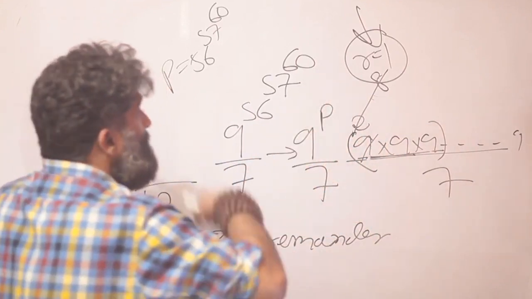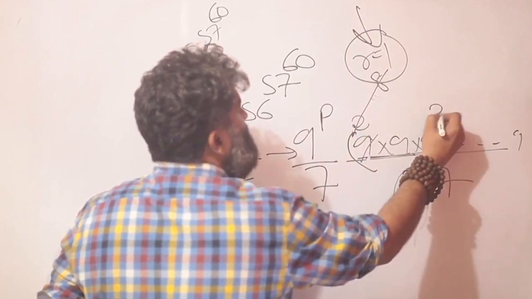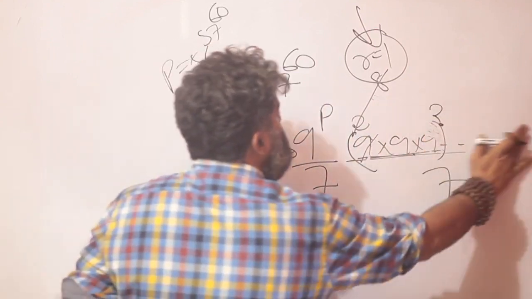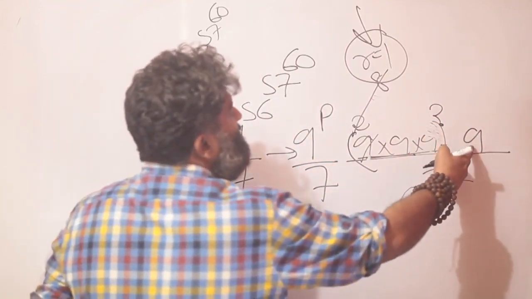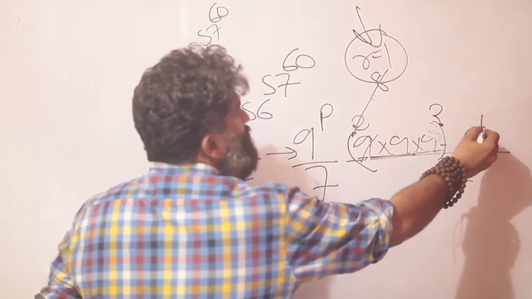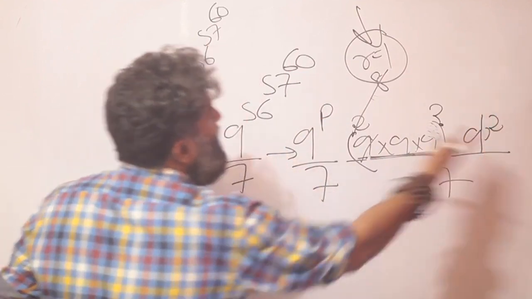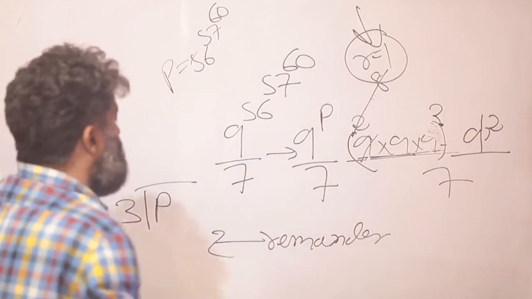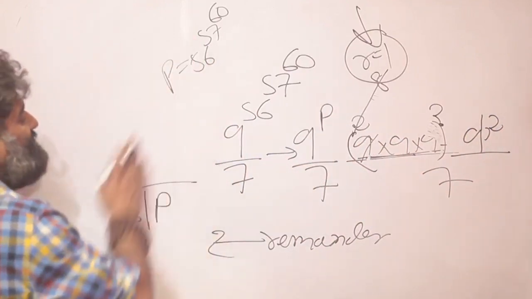But you are interested in how many 9s are left once you are done with this grouping, because either 9 raised to 1 or 9 raised to 2 will be left, since once you reach 9 cube, it again becomes part of the group cycle. That means my question now is, divide the power by 3.